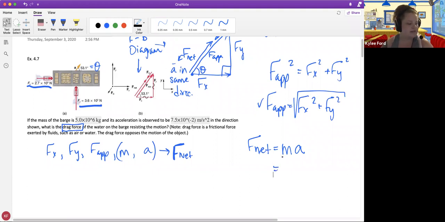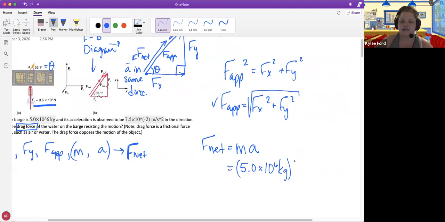Our mass is, what was it again? 5.0 times 10 to the 6th kilograms, and it has an acceleration of 7.5 times 10 to the negative 2 meters per second squared.